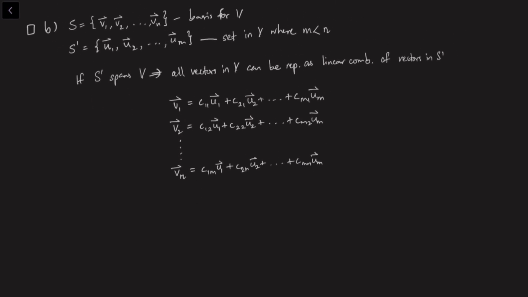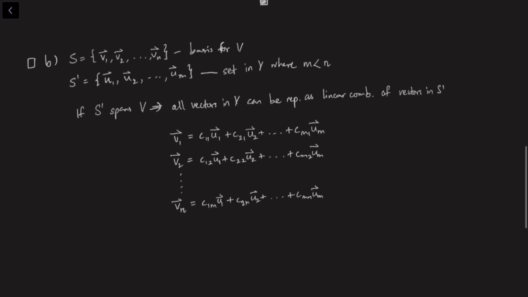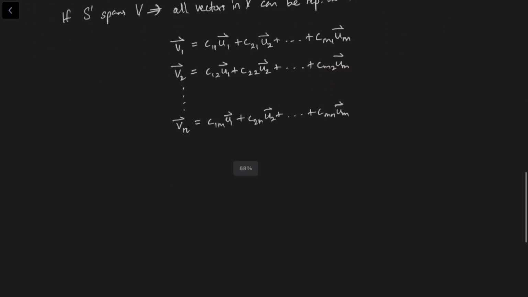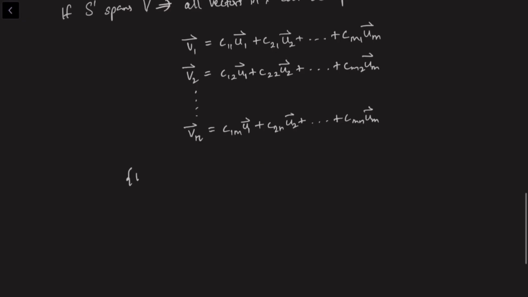And because we stated that the set S, v1, v2, to vn, is a basis of V, it should be linearly independent, right?